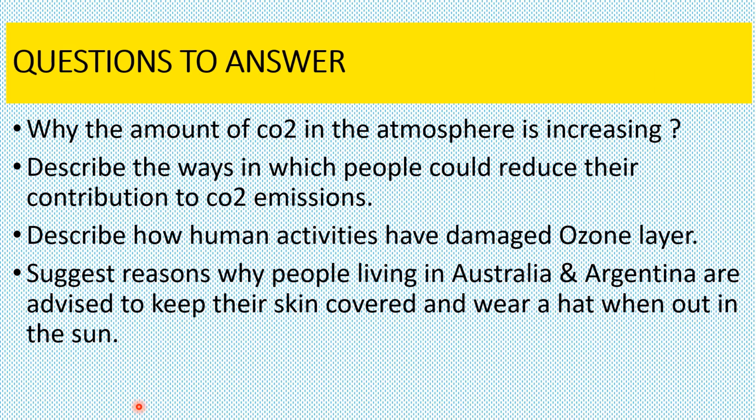Answer: they can walk, cycle, use public transport or trains in place of cars, and use cars more efficiently, for example carpooling or car sharing, buy a more energy-efficient car or hybrid car, insulate houses, turn down heating and air conditioning, and reduce the use of appliances, turn off appliances when not in use, install solar panels, solar water heating, use low-energy light bulbs, and choose a renewable energy supplier.